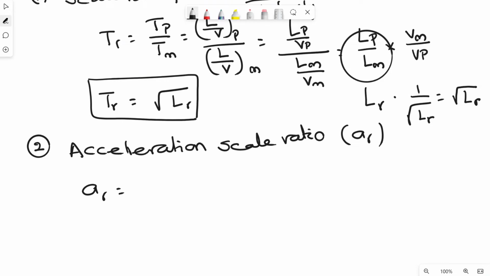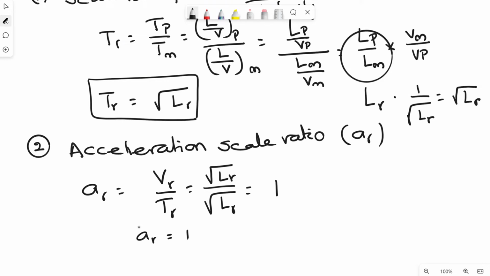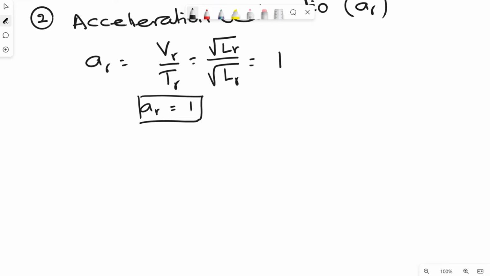AR is equal to VR by TR. VR we just found is root LR. What is TR just now? Root LR. So the acceleration scale ratio is 1. This is number 2.